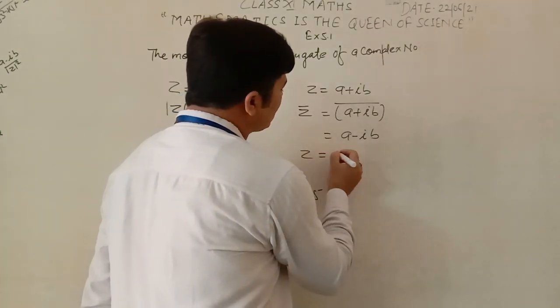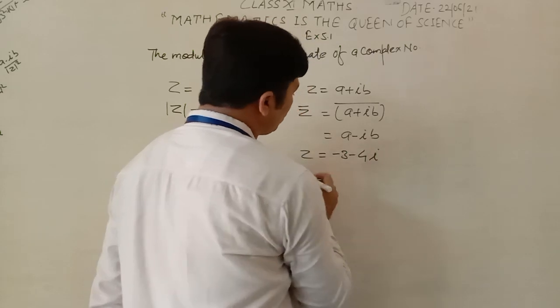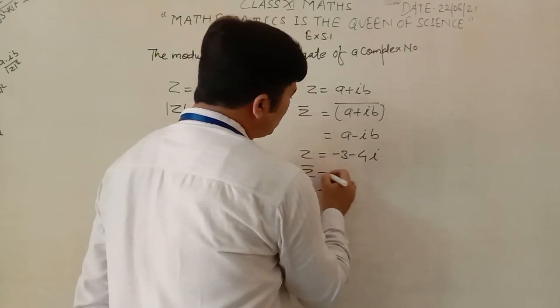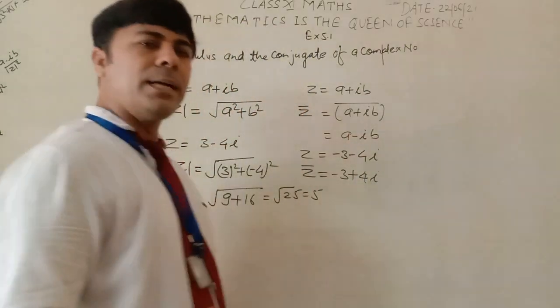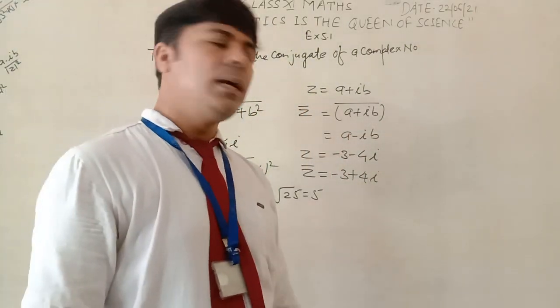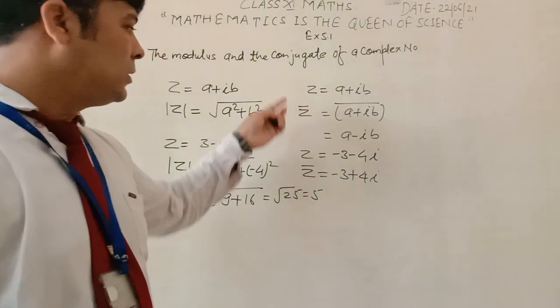Means if you are asked to find the conjugate of minus 3 minus 4i, then z bar is equal to minus 3 plus 4i. Minus 3 plus 4i is the value of z bar.